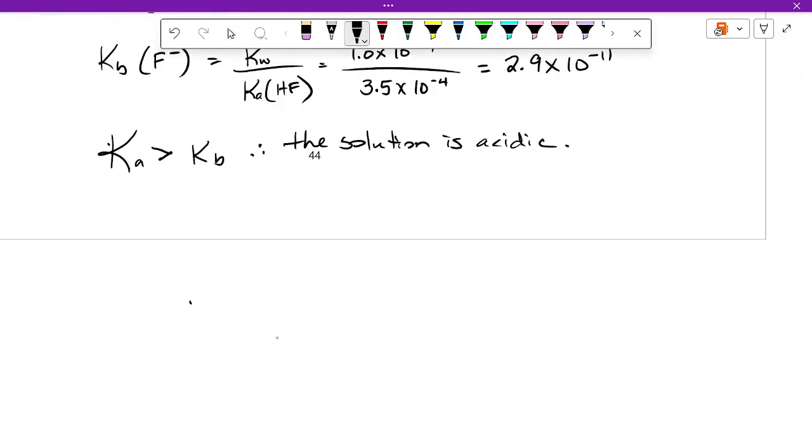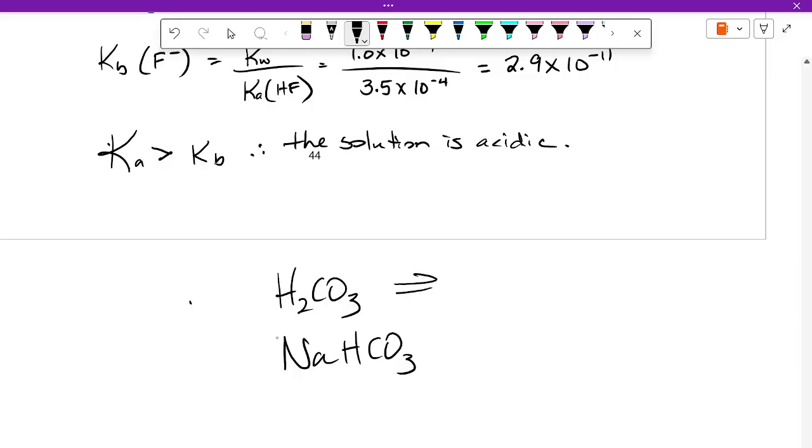So if we have H2CO3, that's acidic. If I give you NaHCO3, that's basic, because this one is always going to give you H3O+.